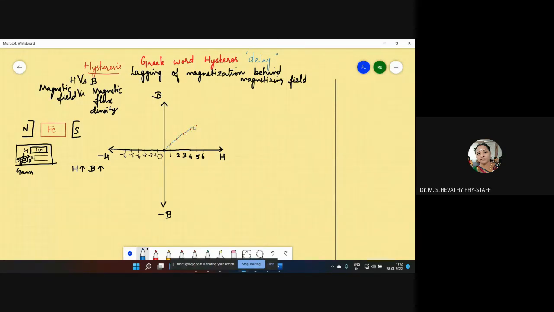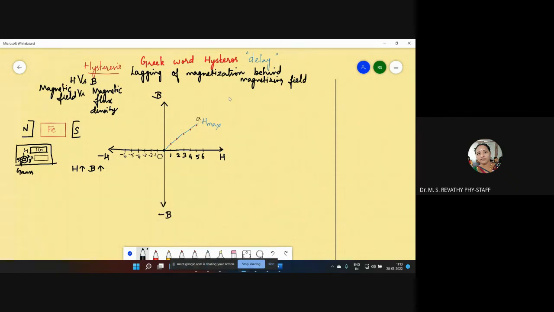Okay, this is the maximum point. So this can be marked as H max, and this can be labeled as A.